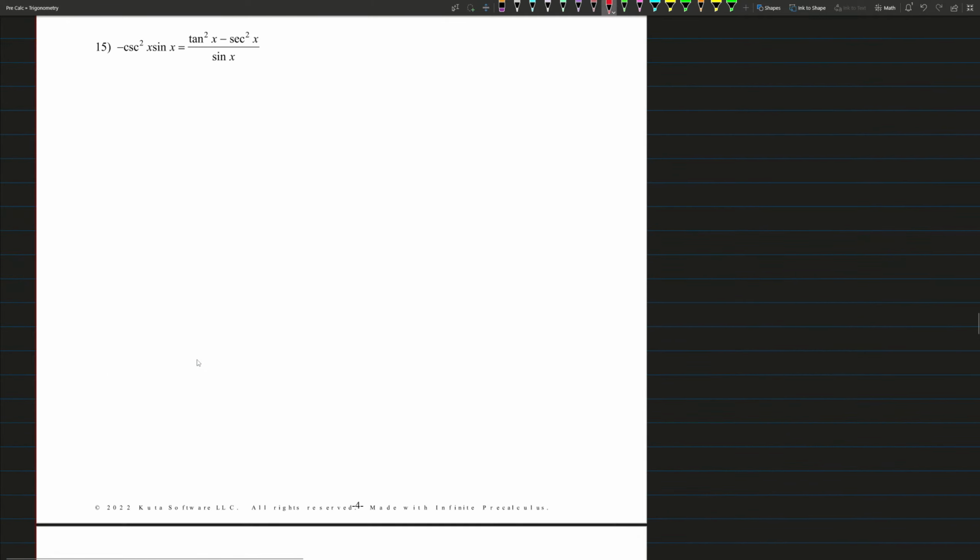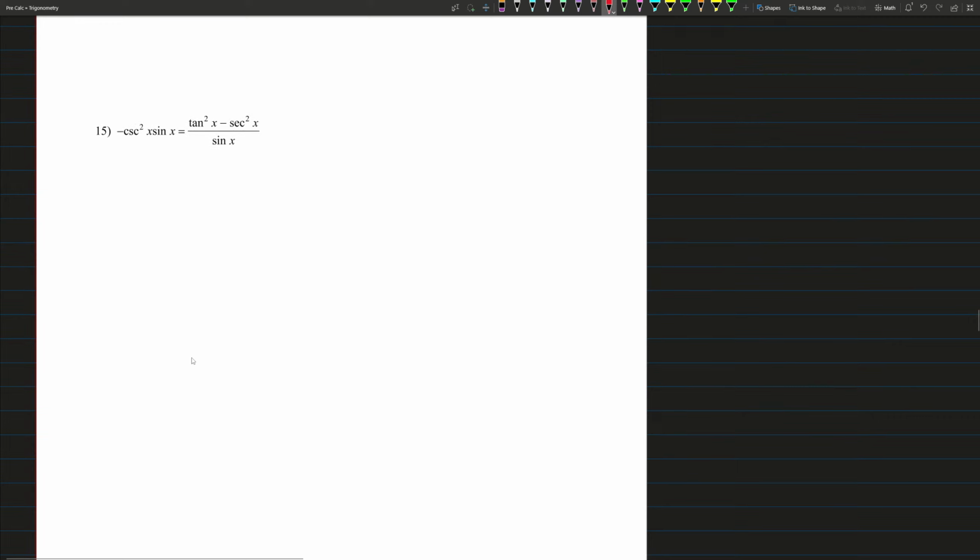Number 15 is a little bit harder. From our identities, we know that 1 plus tangent squared is equal to secant squared. So if we subtract secant squared from both sides, and subtract 1 from both sides, I'm going to do this in 2 steps. We get 1 plus tangent squared minus secant squared is equal to 0.